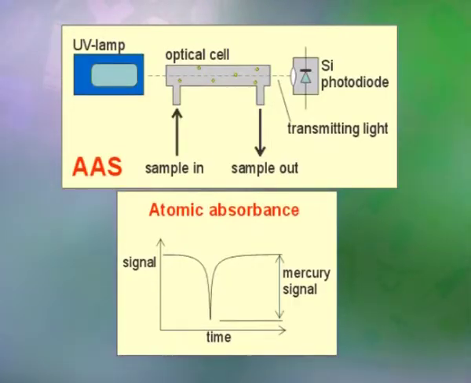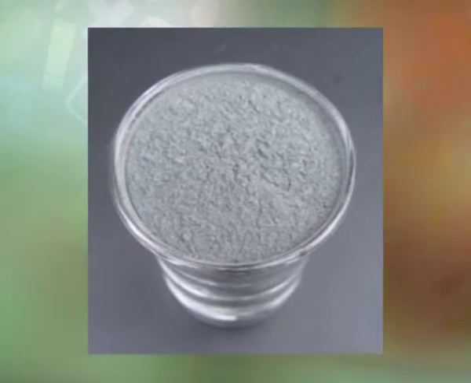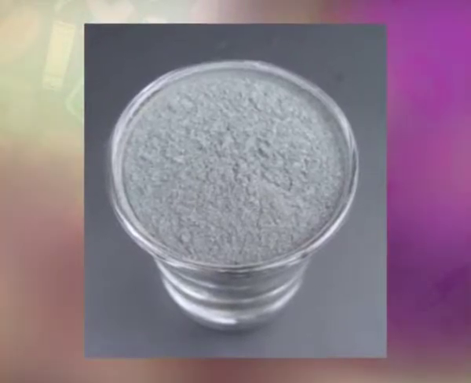The AAS, also known as atomic absorption spectroscopy, study was conducted to determine the concentration of elements present in the formulation. The results showed that the element iron was seen in the major concentration of 85.91%.